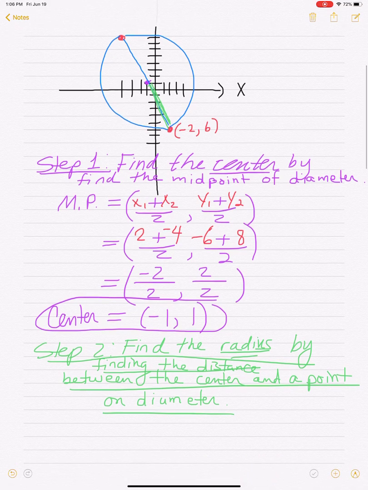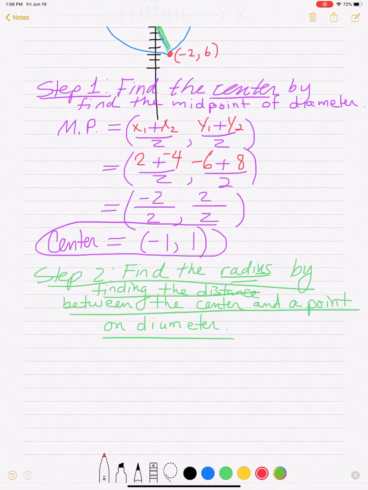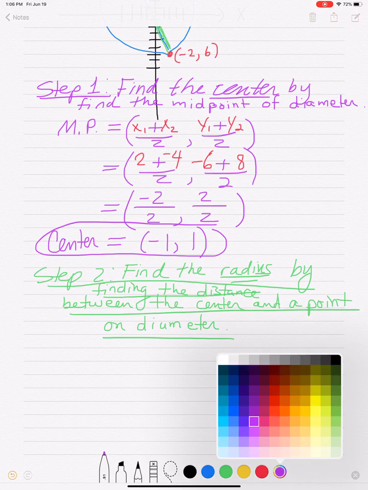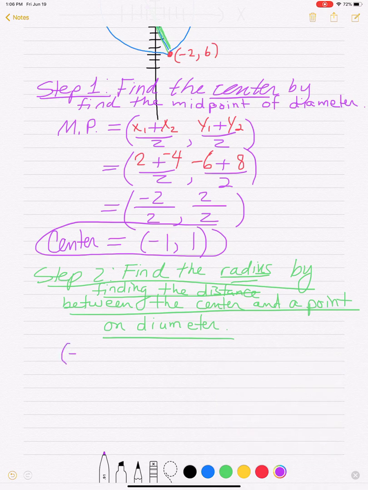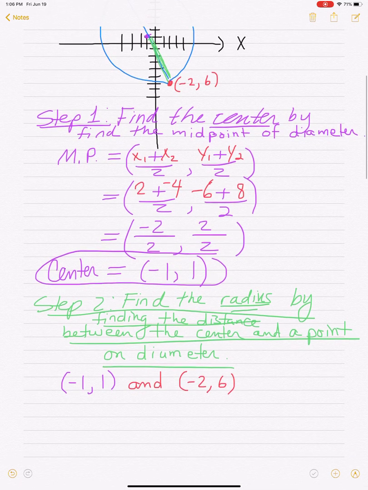I've got the center, negative 1, comma 1, and my other point on the diameter, negative 2, comma 6. If I can find the distance between those 2 points, I will find the radius.